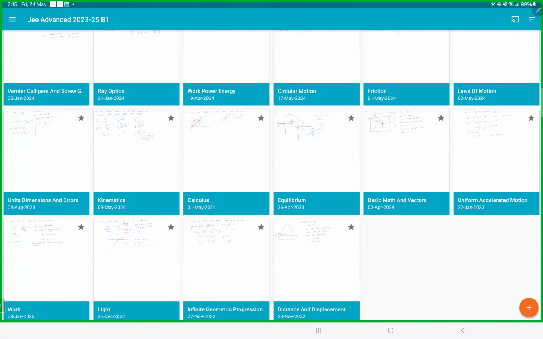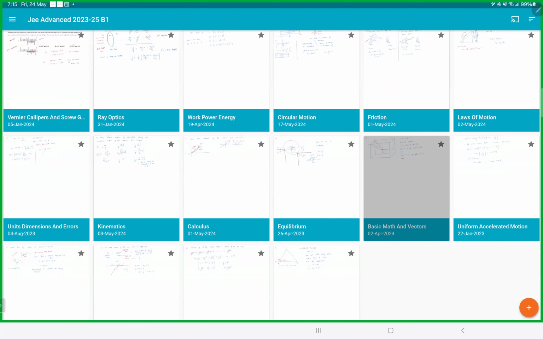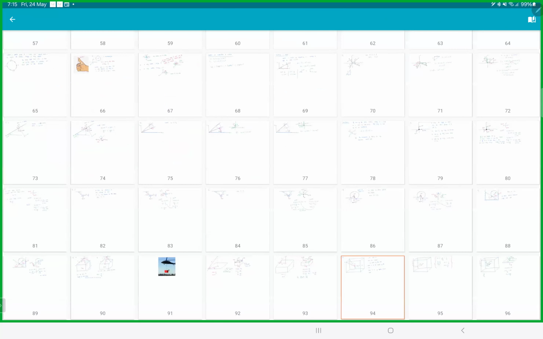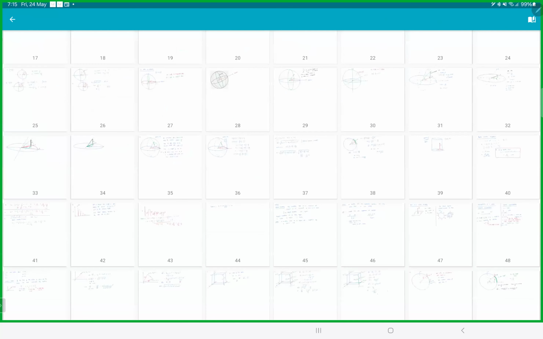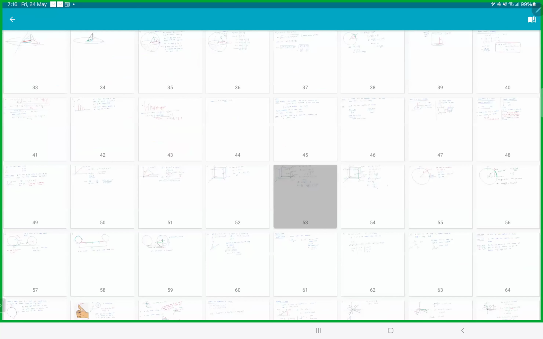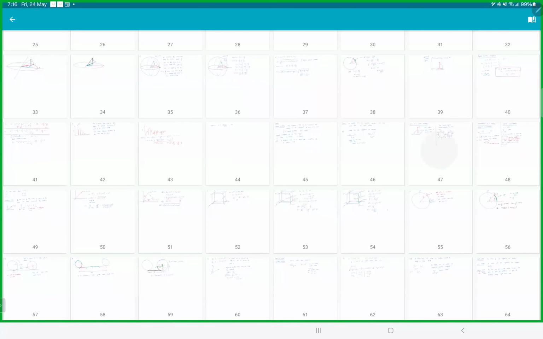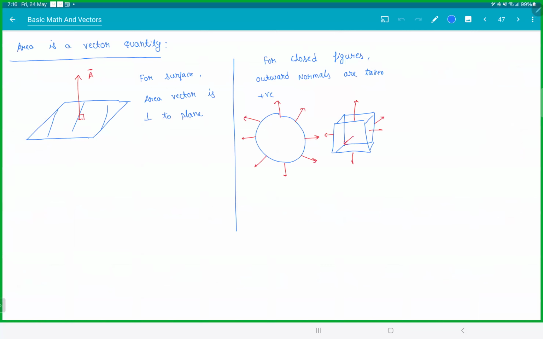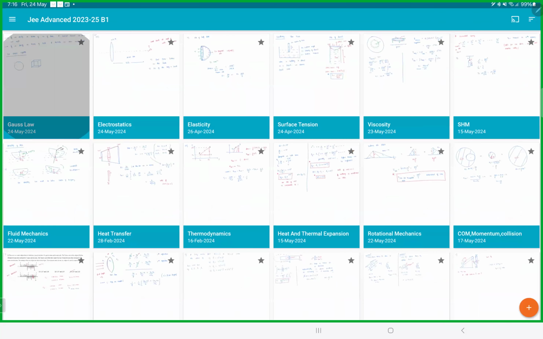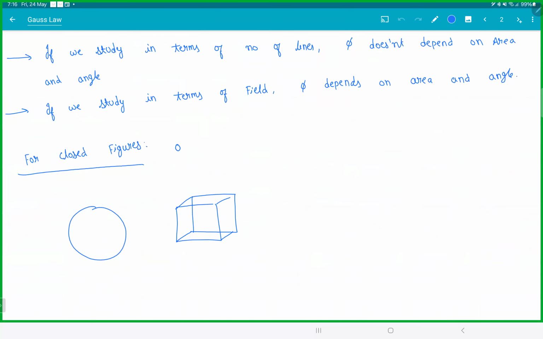Long back, I'm sure you must have forgotten. Area is a vector quantity. For closed figures, we choose the outward normals as positive. Just a convention.